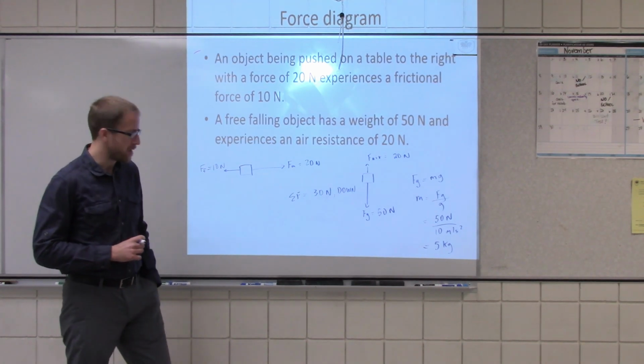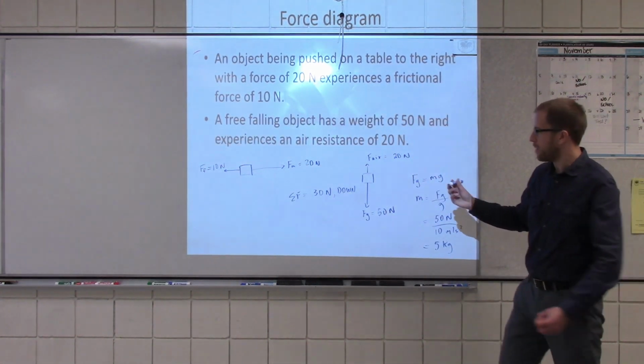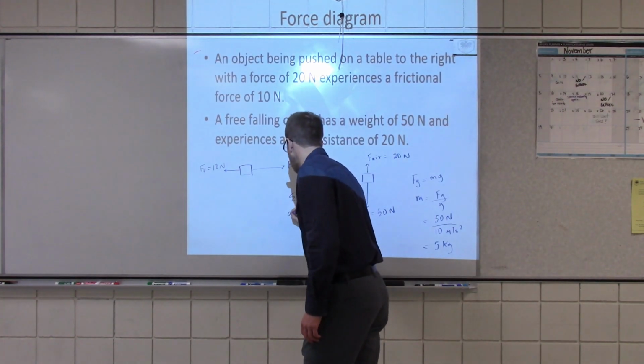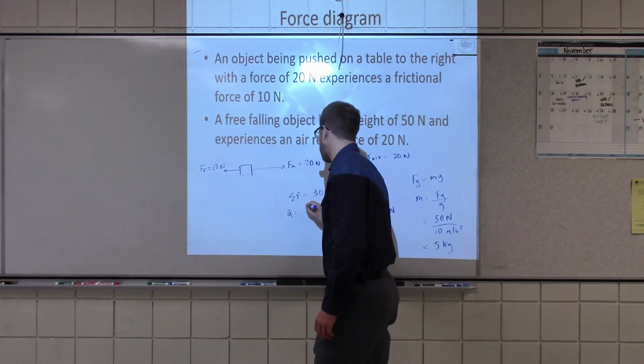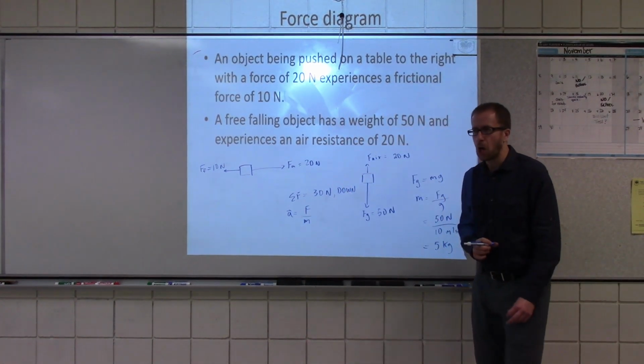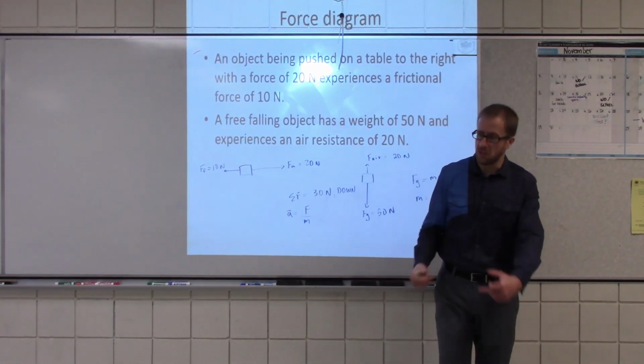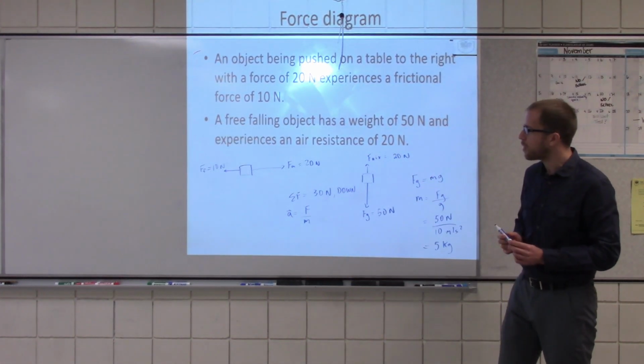It's going to be your force divided by your mass, right? If I rearrange F is equal to ma, my acceleration is going to be equal to my force divided by my mass. And when we are finding our acceleration, it is always the unbalanced force. It's always your net force that you will be utilizing.